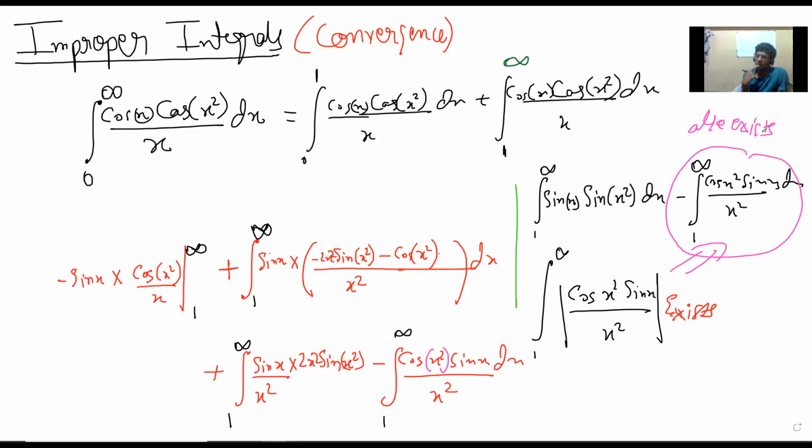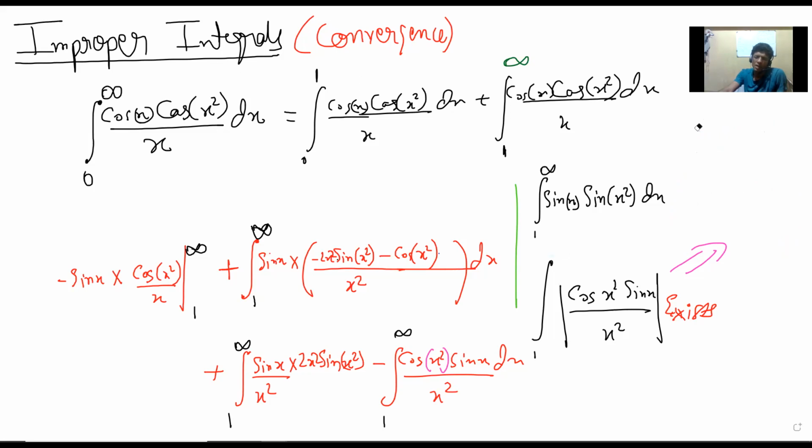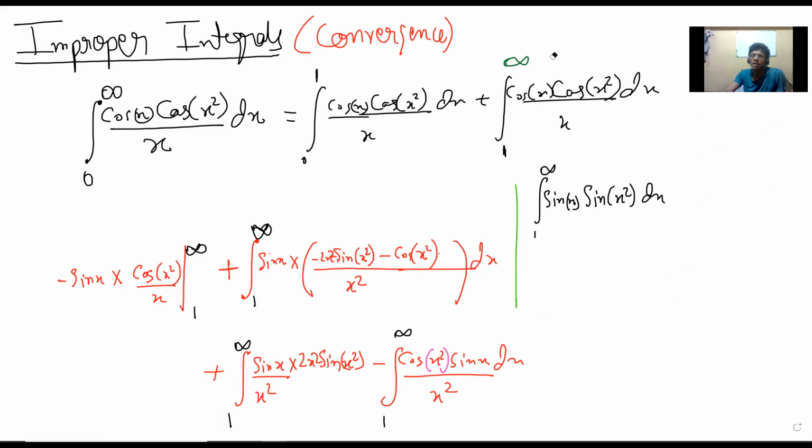Then we'll look at the other part. So this is done. We will try to explain the reason for that because I think it's important to explain it. Now let's think about this. So I feel obviously this should also converge, but I don't think that sin x is oscillating, so it may not.